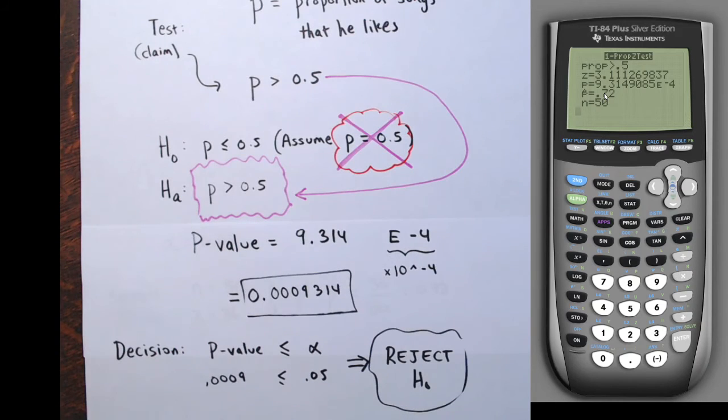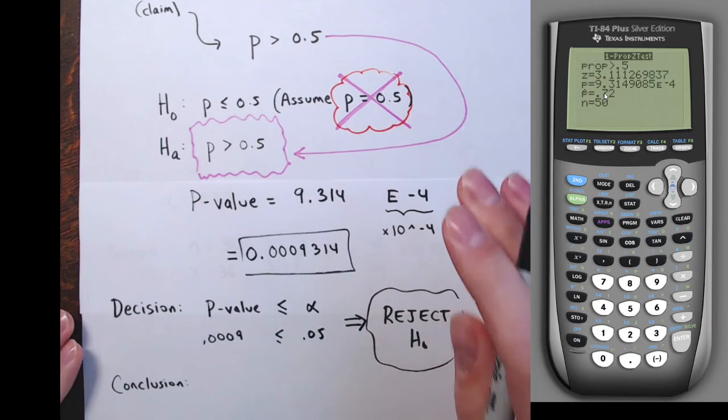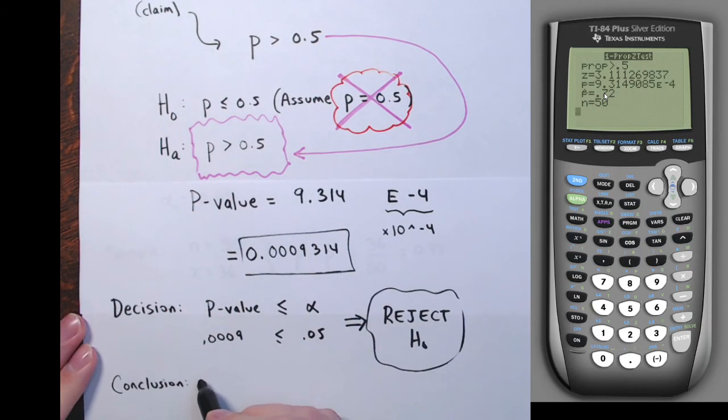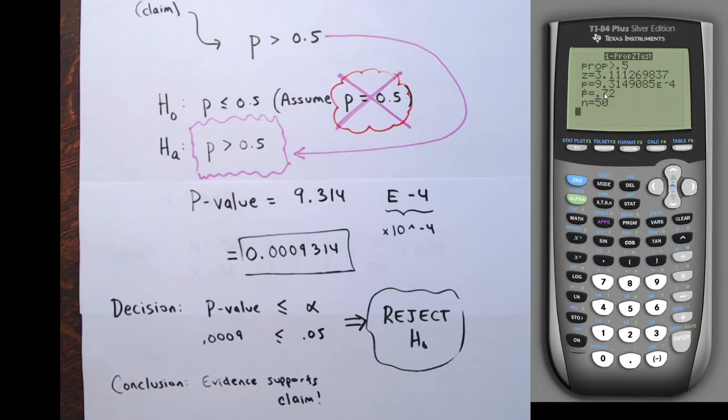So our conclusion, and again, the conclusion you make should always involve the initial claim, is that the evidence supports the claim. There is strong enough evidence here to support the claim.